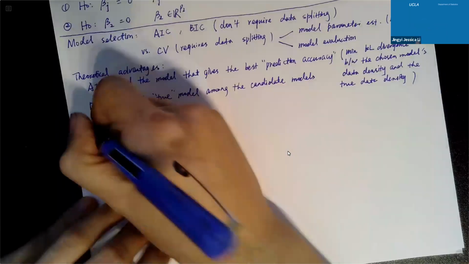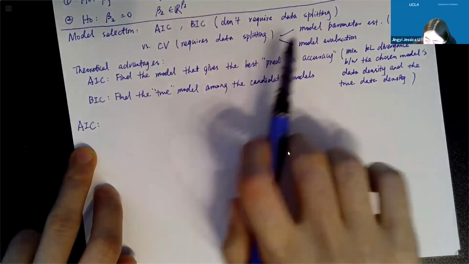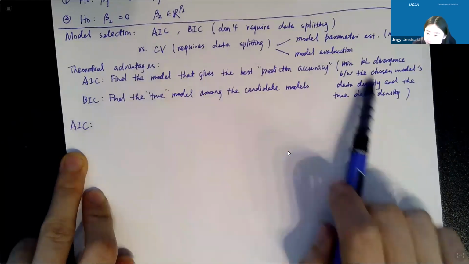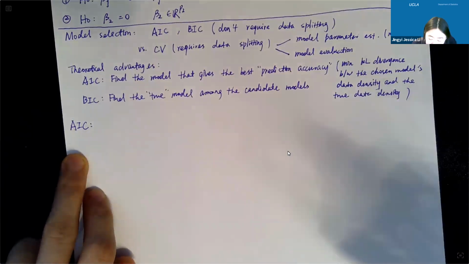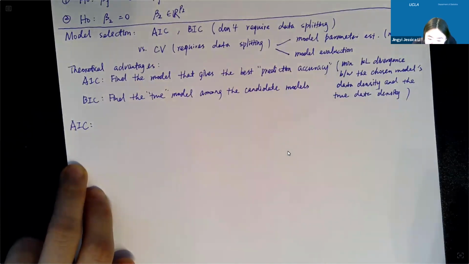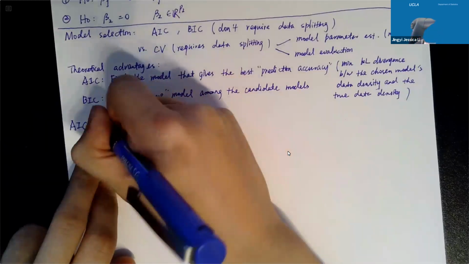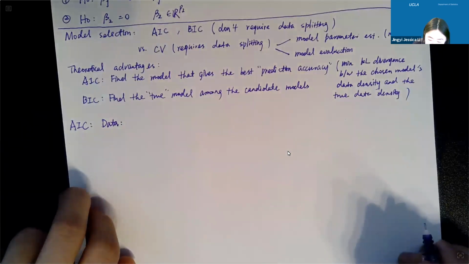In the original AIC paper, as we said, it's an information criterion, and this is because of the use of KL divergence, a concept from information theory. Let me give you the following notation, which we're going to stick with throughout this lecture.